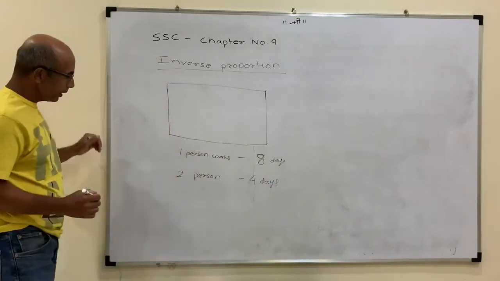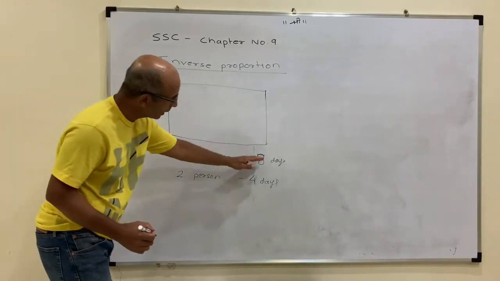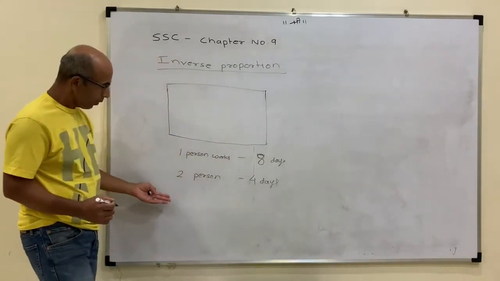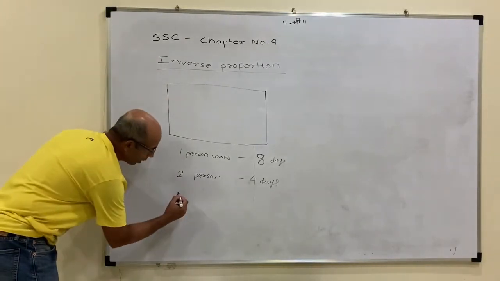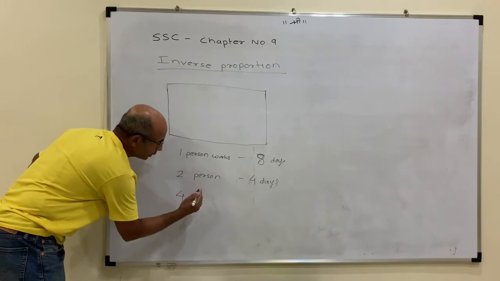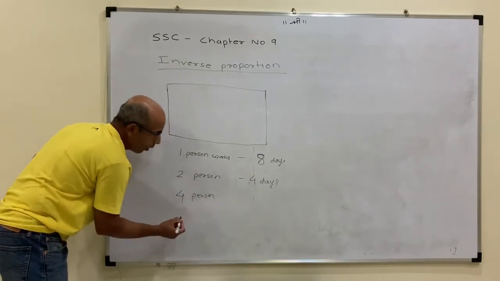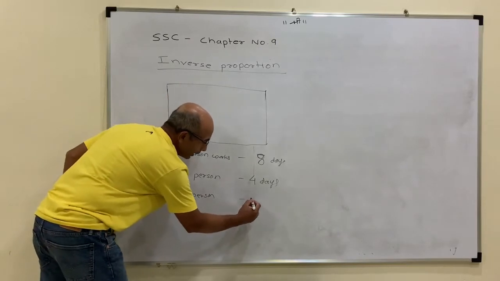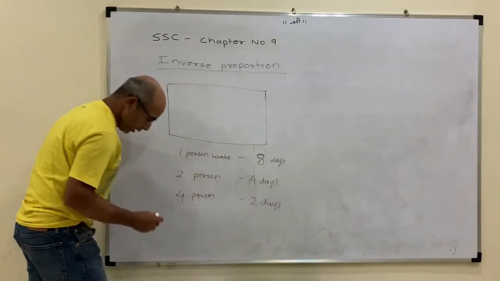Now, if you see, as I am increasing the number of persons, the number of days is decreasing. Now, suppose I apply 4 laborers, so I apply 4 workers. If I deploy 4 persons to work on this wall, my wall will be built in 2 days. Got it?